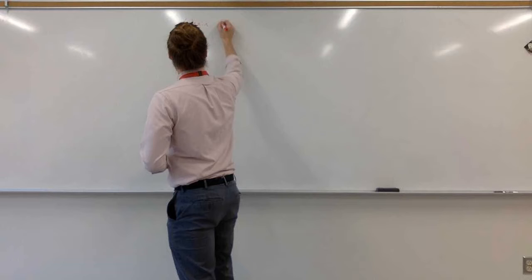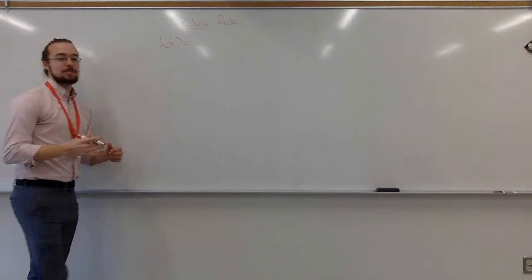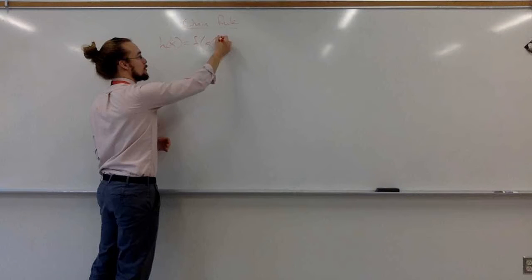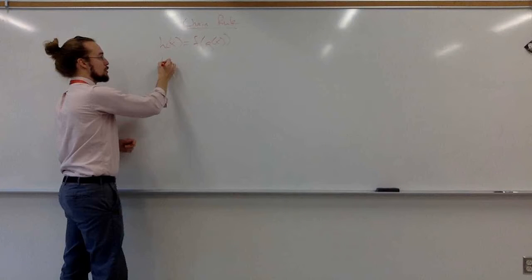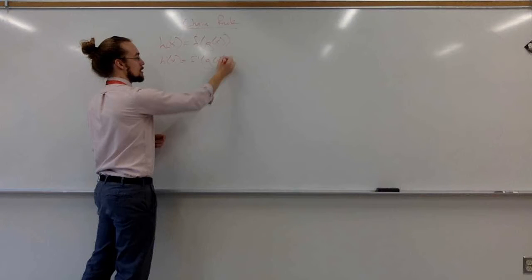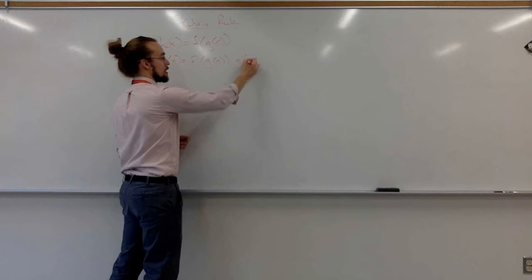All right. So chain rule was how we take derivatives of composite functions, right? So we said if we define some function like this, f of g of x, then its derivative, I take the derivative of the outermost layer, don't change the inside, then take the derivative of the inside. Right?